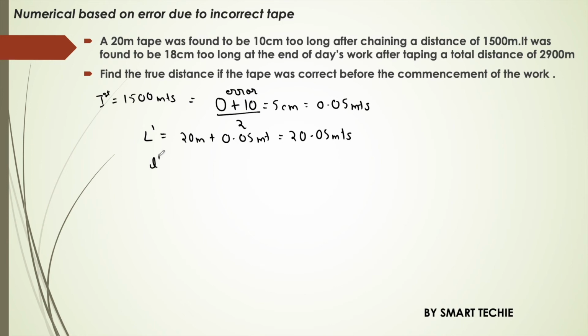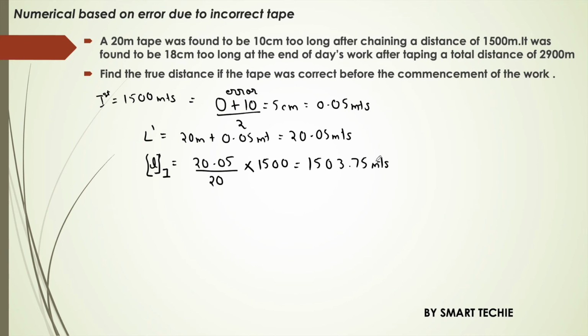So what will be my true length of the line? I'll keep it as L. This will be my first length, that is nothing but 20.05 divided by the designated length of the tape, into the first distance I have measured. We have measured 1500 meters. So that is nothing but 1503.75 meters.